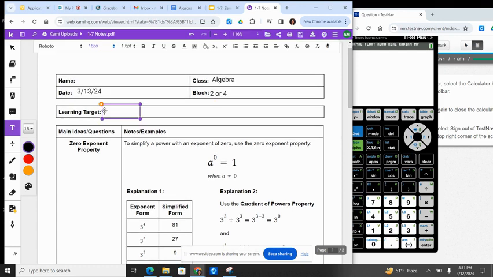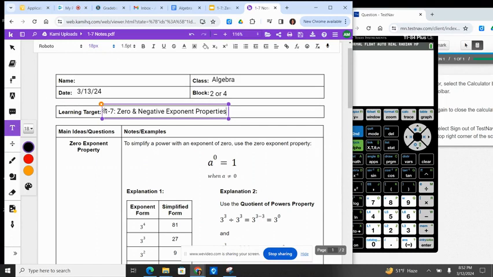The learning target for today is learning target 1-7. We're still going to be learning about exponent properties. Specifically, we're going to learn about the 0 and negative exponent properties. So go ahead and fill that out.